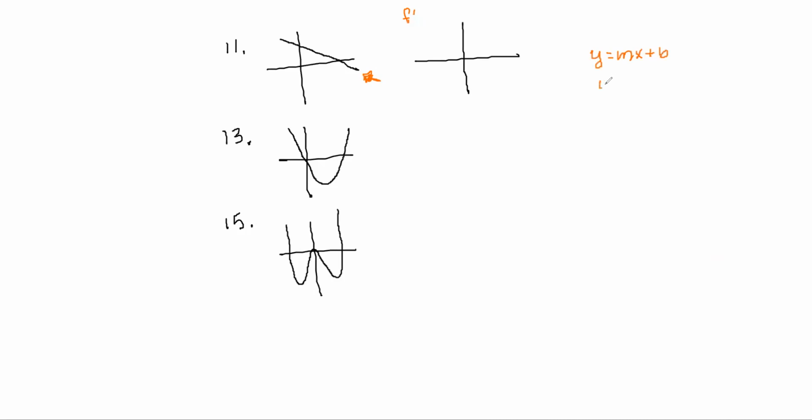I know if I were to take y prime, the derivative would be m, right? If you guys have anything to say, feel free to just put it in the chat box. So y prime is going to be equal to m.